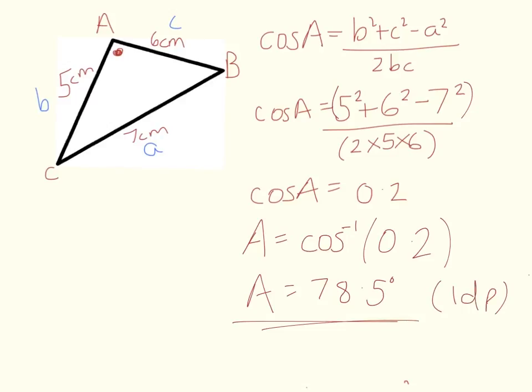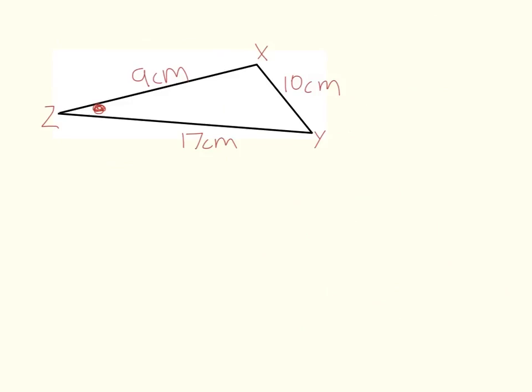Okay, so I knew to use the cosine rule there because I was asked to find an angle and I was given all three sides, and I knew to use this version in particular because this is the version that we associate with the angle, because then it's just a straight inverse function of cos. We'll do one more example together.